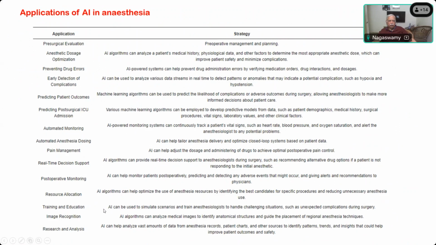And it can be used for training and education. Simulate scenarios and train anesthesiologists to handle challenging situations. And image recognition. They can analyze medical images to identify anatomical structures and guide placement of regional techniques. And research and analysis. Lastly, it can be used as a permanent anesthesia record. Because these records are stored there, you can put questions into it and produce a paper.